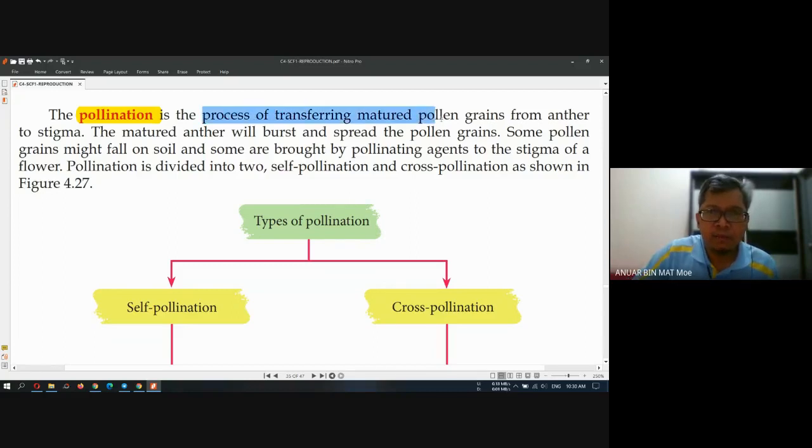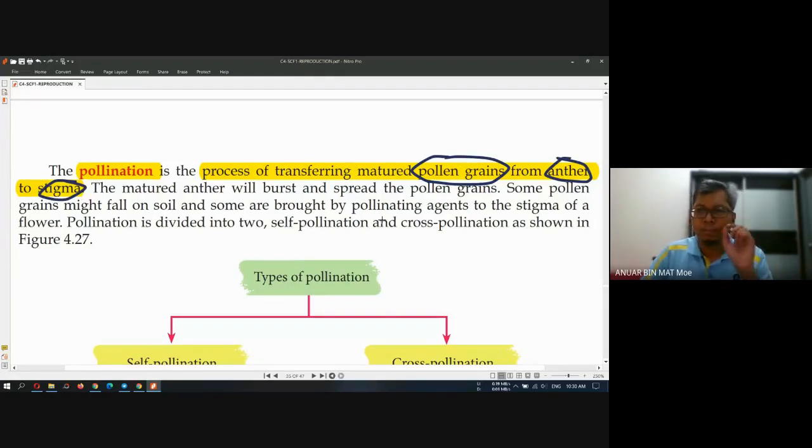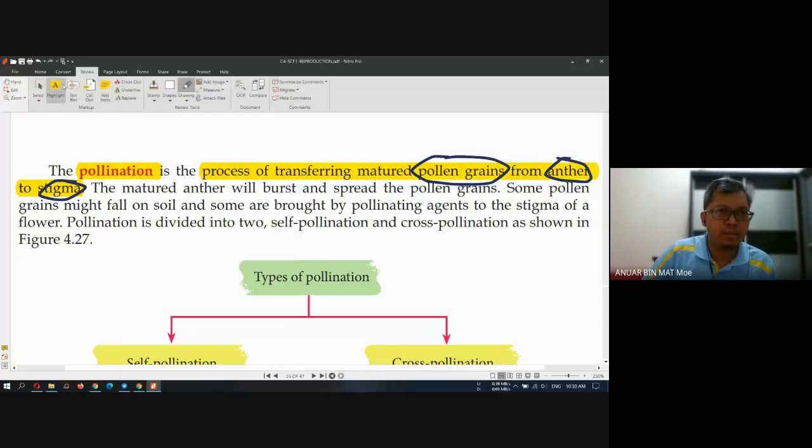It's the process of transferring matured pollen grain from anther to stigma. The keywords I want to highlight here are pollen grain, anther, and stigma. What is pollen grain?